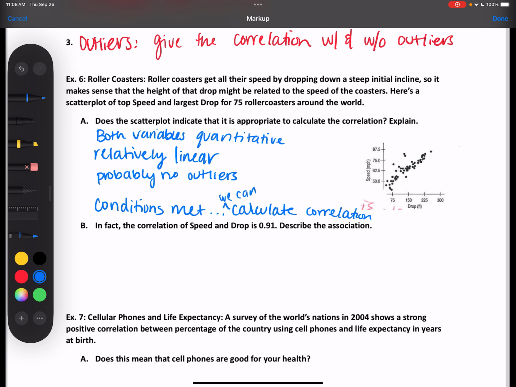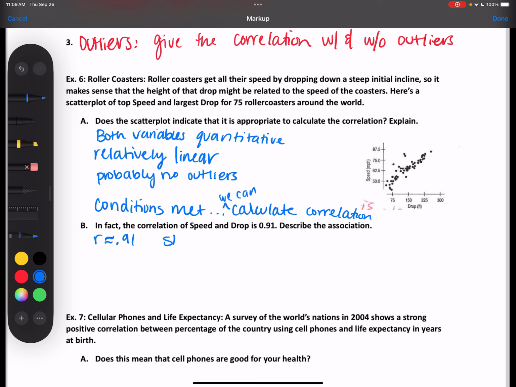In fact, the correlation of speed and drop is 0.91. So let's describe the association. R is approximately 0.91. How would we describe this? Like strong, weak, moderate, positive, whatever. How would we explain it? Positive, linear.